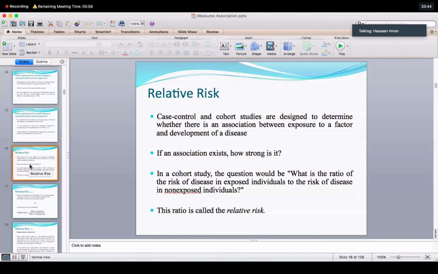Now coming to the study designs that I was discussing with you, case control and cohort studies, they are designed whenever it comes to associations, whether that association is between the disease and the risk factor.